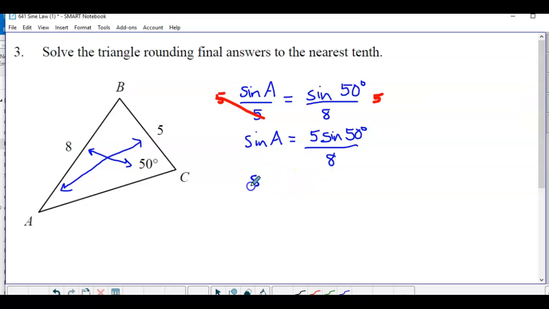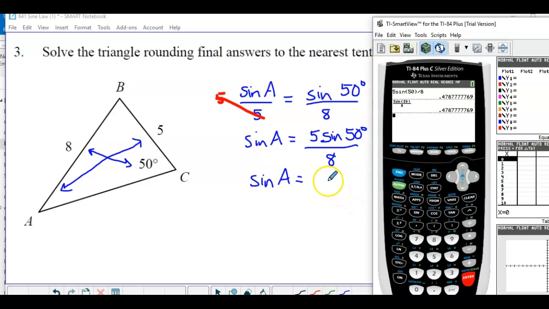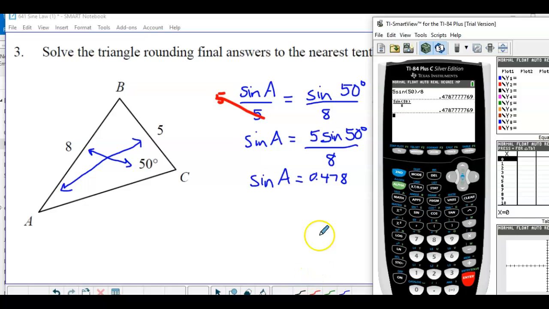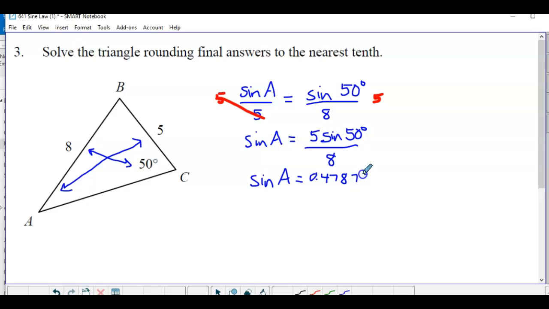Now, you have a choice here. I'm going to write it out to quite a few decimal places, just for safety reasons, in case you clear your calculator or something. So 0.478, and then there's a bunch of 7s. So that's 3, 4, and then I'll round to the fifth decimal place. And so A will be inverse sine of that.